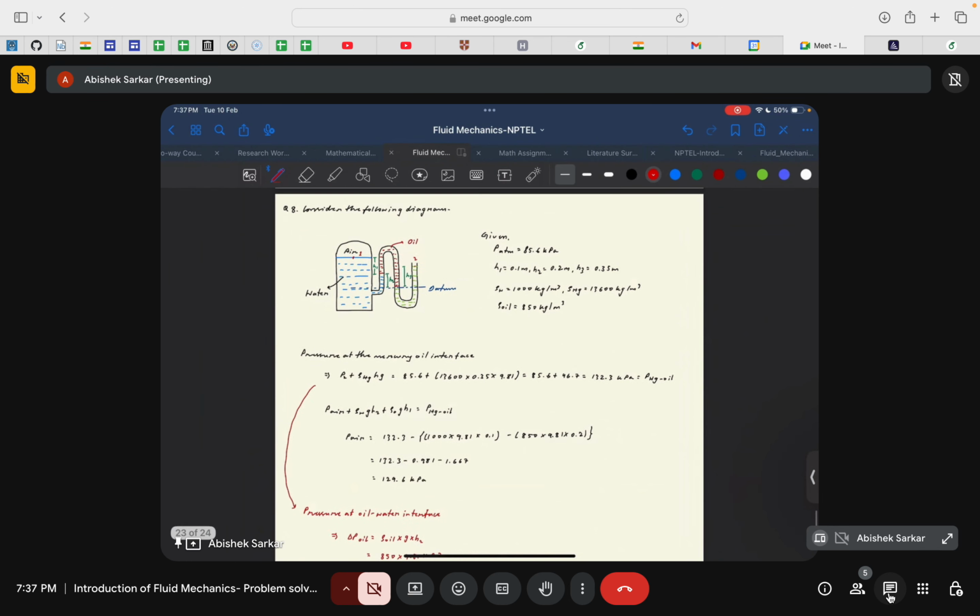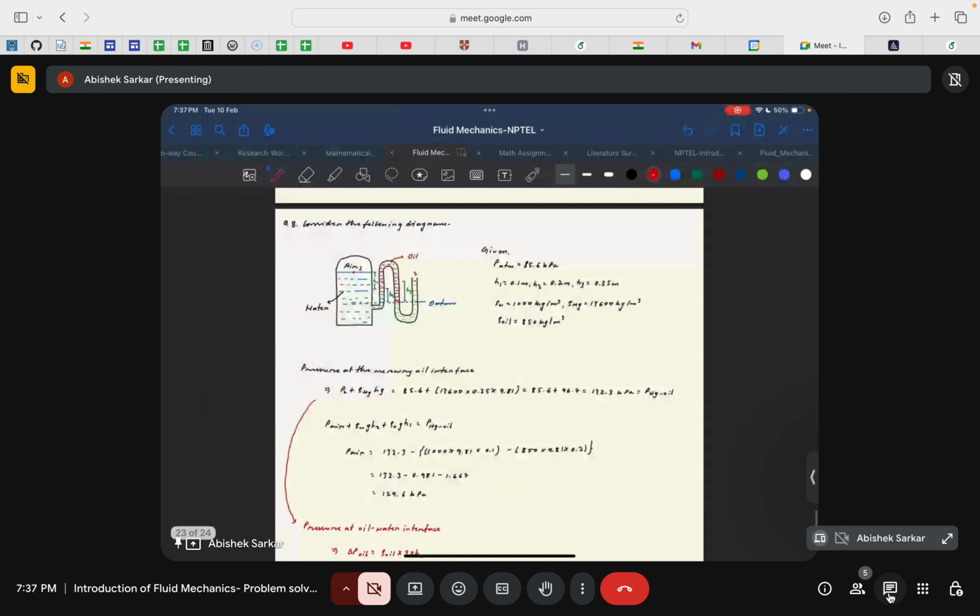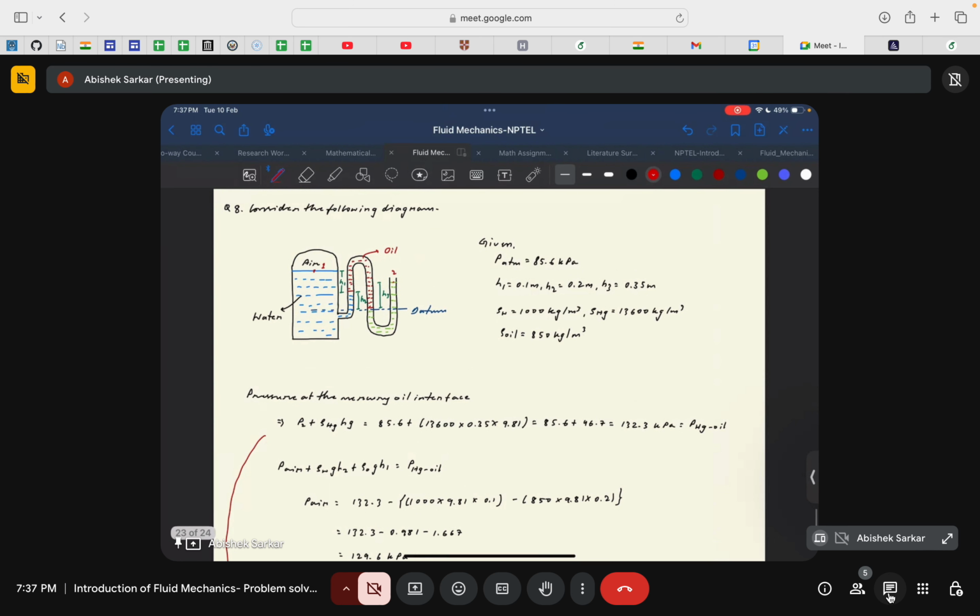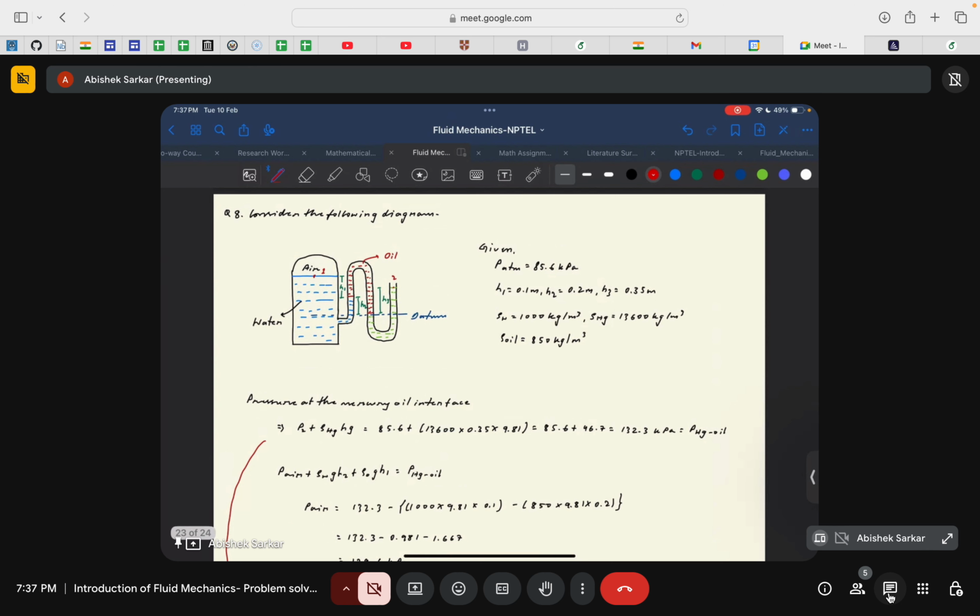Okay, so what I do is I choose my datum to be at this point. Sorry, let me go back. So I choose my datum to be the interface between the oil and mercury.